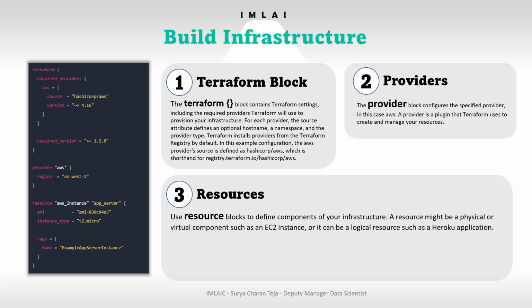For your EC2 instance, the example configuration sets the AMI ID to an Ubuntu image, and the instance type to t2.micro, which qualifies for the AWS free tier. It also sets a tag to give the instance a name. The instance name here we have given is ExampleAppServerInstance.